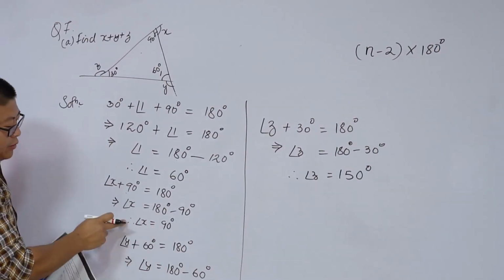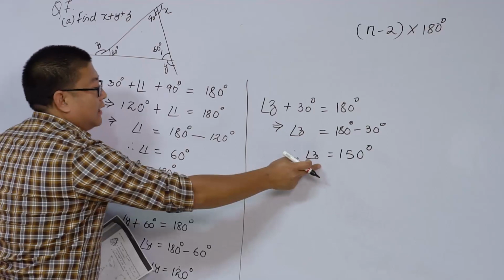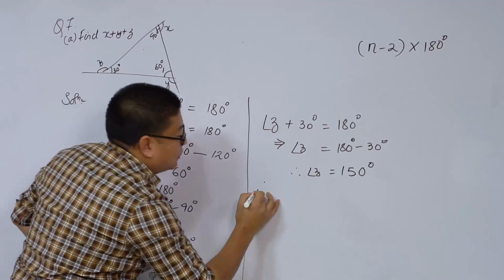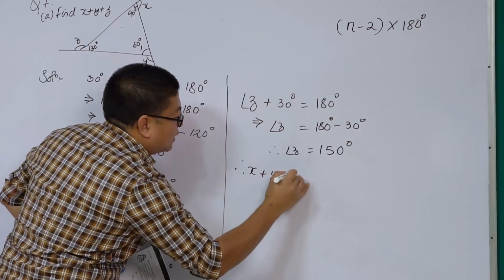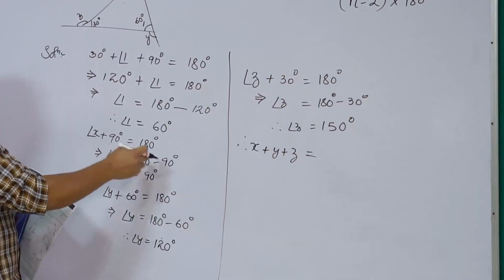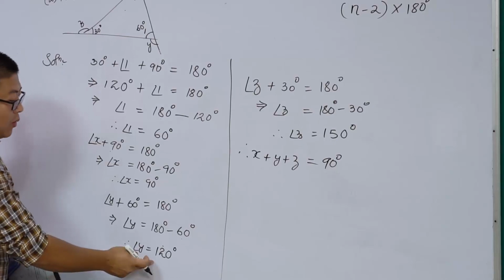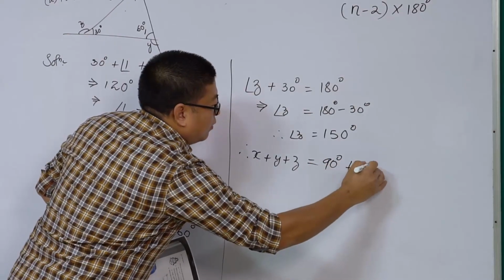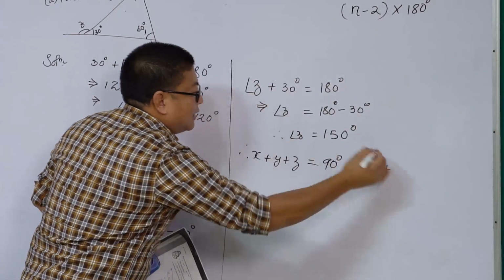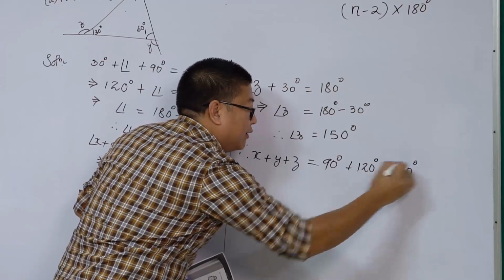Now we know the values of x, y, and z, so this has become simple. x plus y plus z will give you: x is 90 degrees, y is 120 degrees, and z is 150 degrees.